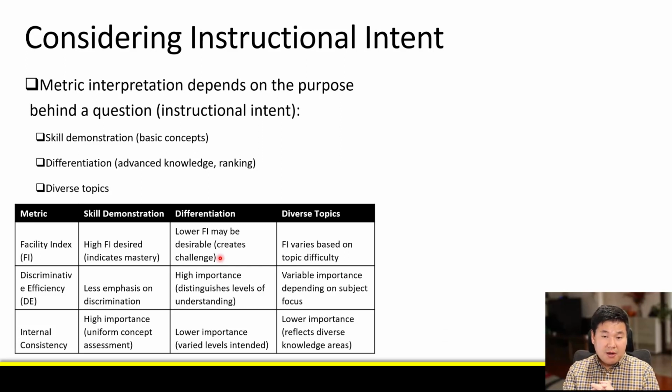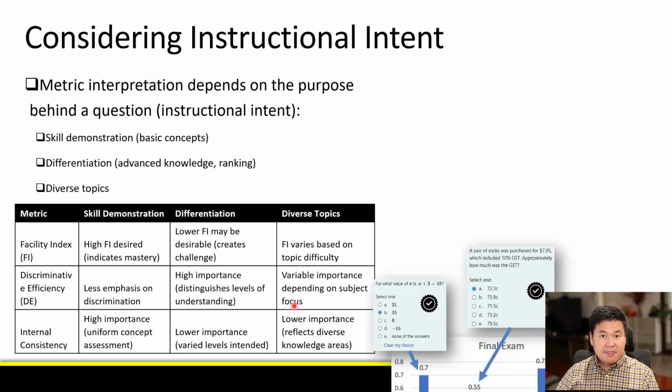Now, when dealing with assessments that span a range of topics, the ideal metrics for facility index and discriminative efficiency can vary depending on the subject focus. Yet, in all cases, we strive for strong internal consistency, even though achieving this may be difficult for some assessments.